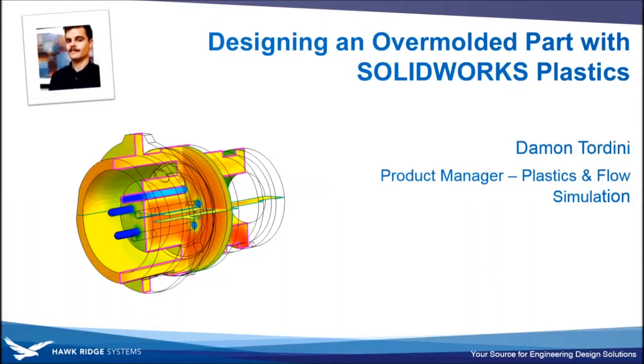The idea being that if you simulate some of the manufacturing processes in SOLIDWORKS Plastics, you can see what the right design decisions are that you could make up front to create a part that not only operates the correct way in the real world, but has high quality and can be manufactured in the best way, cheapest way possible.